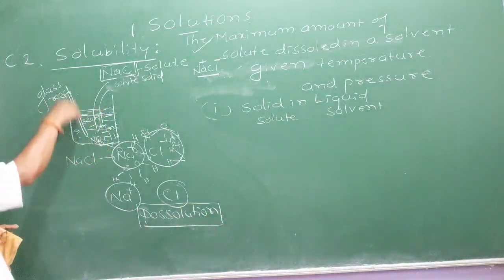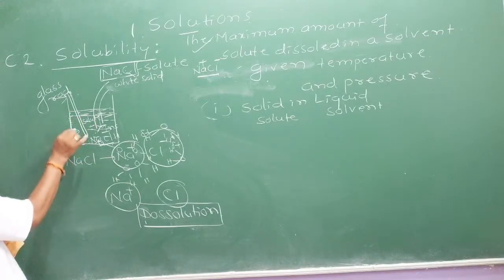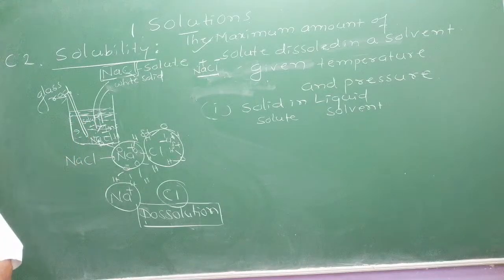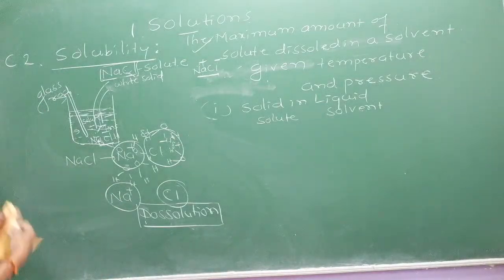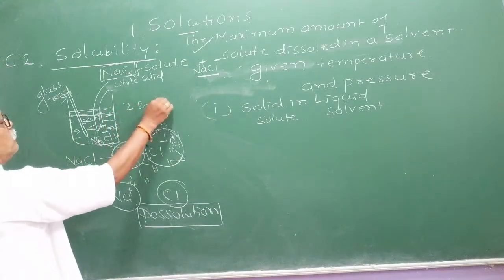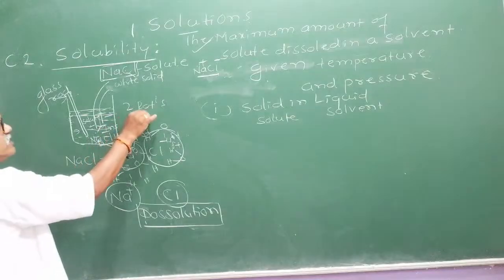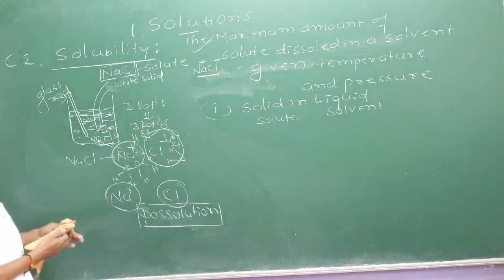Now if you go on adding more and more solute, every solvent has a capacity, like each one of us has a capacity to eat. If I eat 2 rotis, I'll be saturated. After 2 rotis, if I eat 3 rotis, I will face indigestion. Clear?